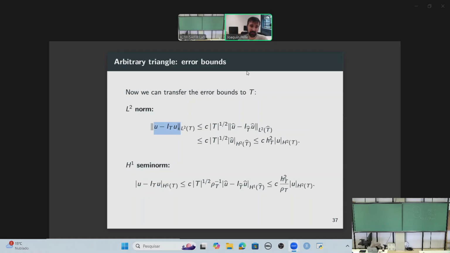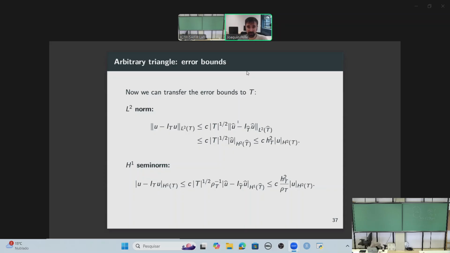We want to calculate this thing here first for the L2 norm, u minus ITU, and this we can bound just using the result before by c times the area of the triangle to the 1/2, and the L2 norm of the pullback of this thing here, right? This is the way that the norms were mapped.